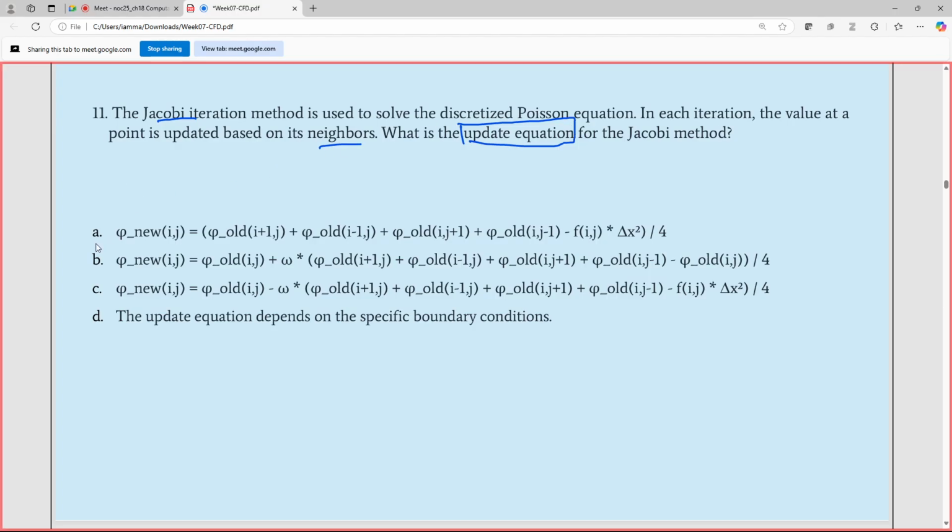Option A: phi ij new is equal to phi I plus 1 comma j old plus phi I minus 1 comma j old plus phi I comma j plus 1 old plus phi I comma j minus 1 old minus f of ij into delta x square, the whole divided by 4.